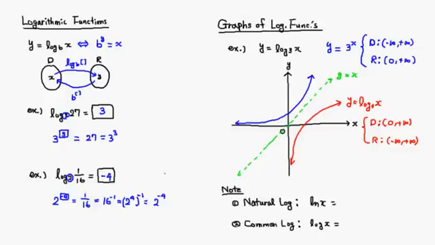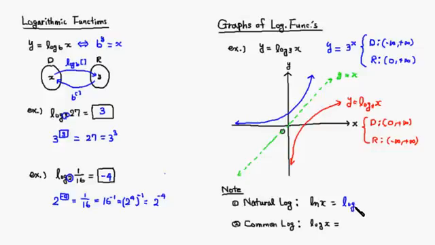One remark is that certain bases are used more often than others. The first one is called the natural log. For lazy mathematicians, we have a short notation for everything. The natural log of x is ln of x. This is when the base is e, which is very convenient.